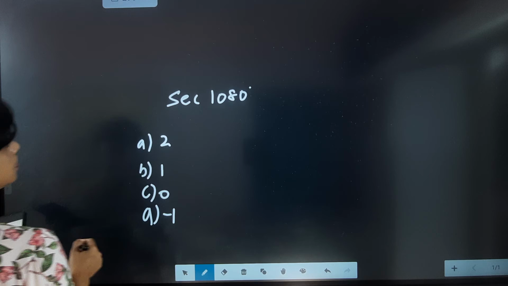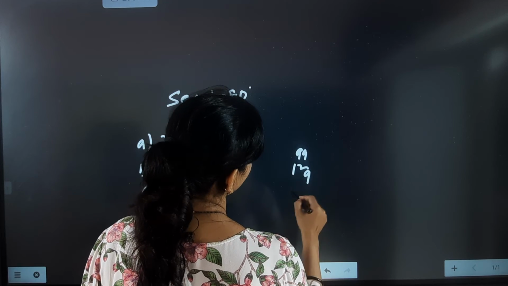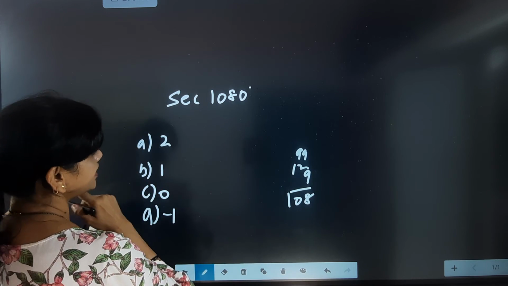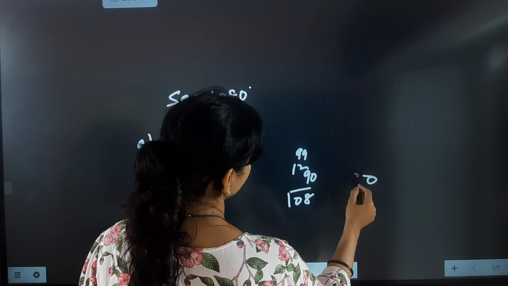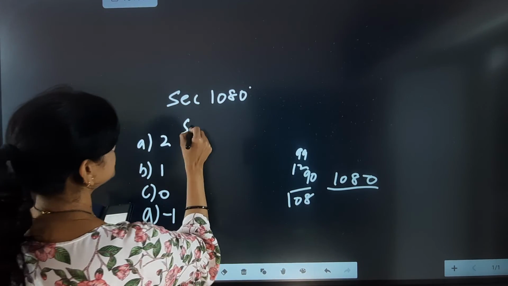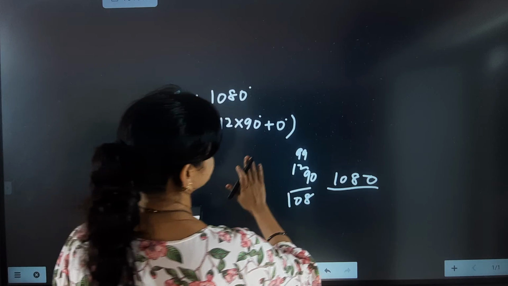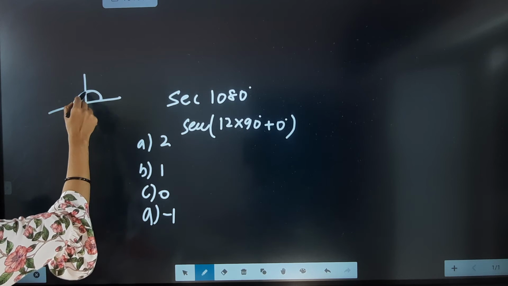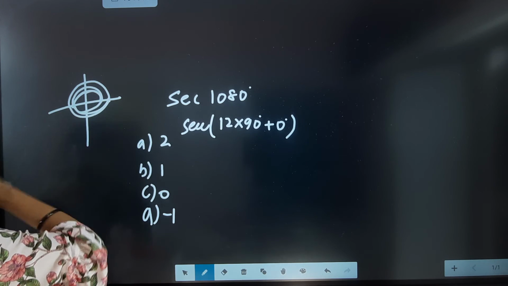So secant 1080, how much is it exactly? 9 tens are 90, 9 11s are 99, 9 12s are 108. So 90 into 12 is 1080. So 12 into 90 plus 0 remainder. 12 into 90 means how many times do you have to go? 1, 2, 3, up to 12.